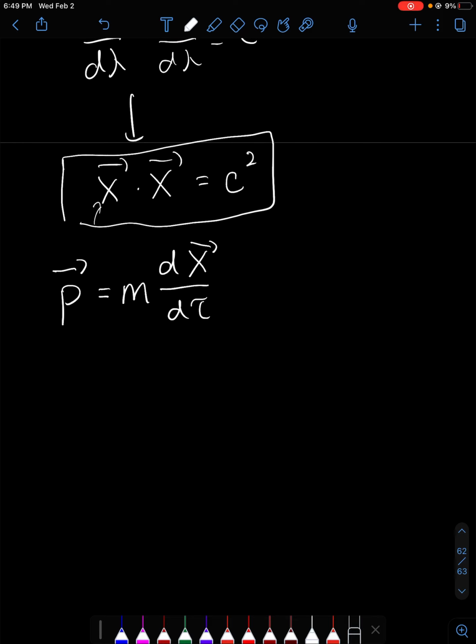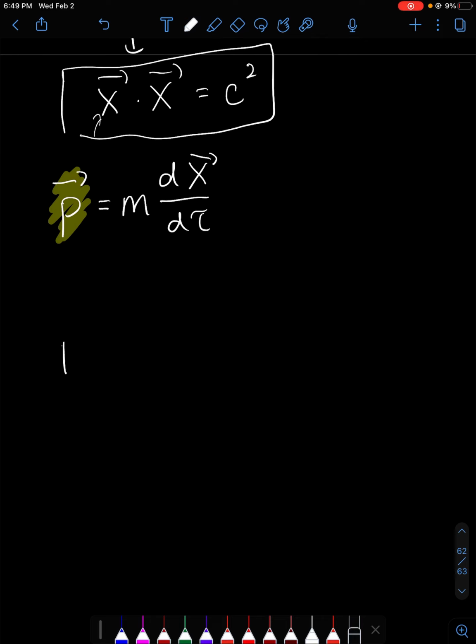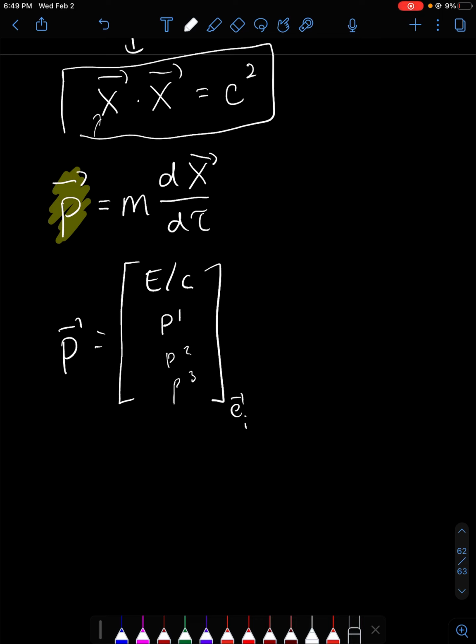So a quick thing to note here is that for momentum, this p vector, again, it isn't the momentum of a particle. It's something else. It's analogous to the normal momentum, but it isn't the same thing. The force momentum, if we can recall from relativity, has components of E over c, then p1, p2, p3, given some basis ei.